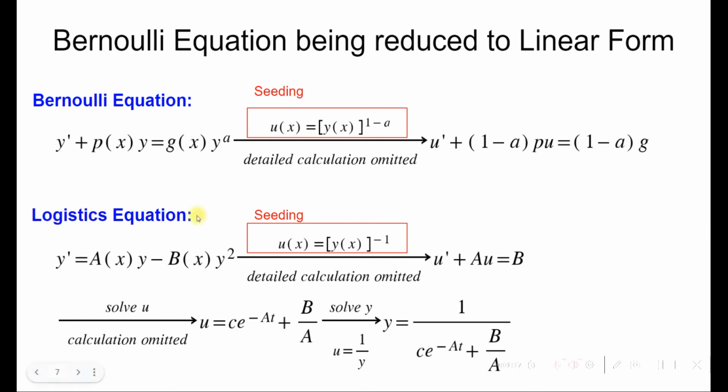And logistic equation is a special case of Bernoulli equation, where a equals 2. Likewise, we also want to reduce this logistic equation to its linear form by taking this crucial step, setting u of x equal to y of x to the power of minus 1.